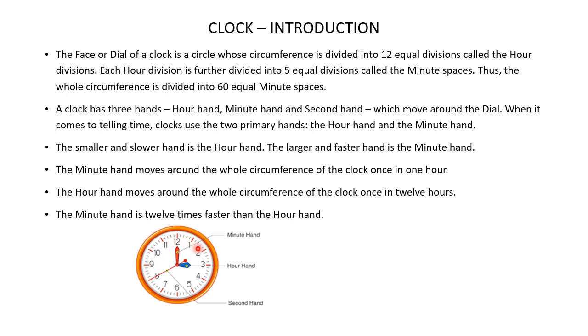This means the hour hand moves around the whole circumference of the clock once in 12 hours. So the minute hand moves around the whole circumference of the clock once in 1 hour. The hour hand moves around the whole circumference of the clock once in 12 hours. So the minute hand is 12 times faster than the hour hand.